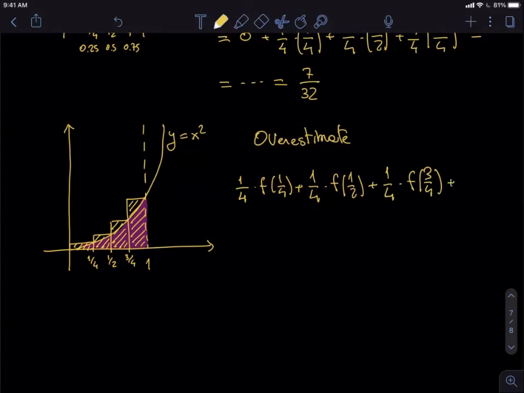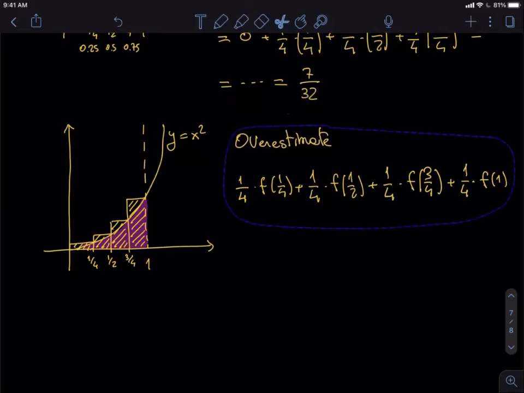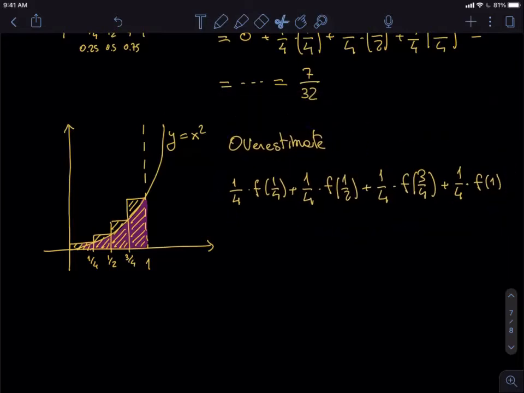You see, as before, we have 4 rectangles. 1/4 times f of 1. Okay, before there was a hidden rectangle because one of the rectangles had height equal to 0, but now we have 4, and all 4 are actual rectangles.